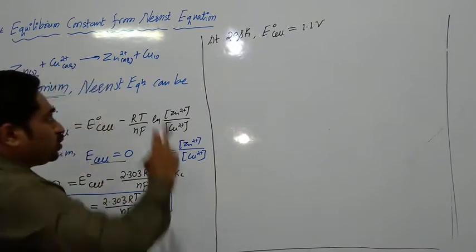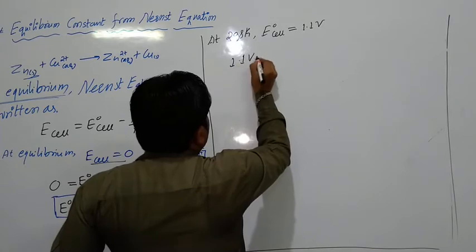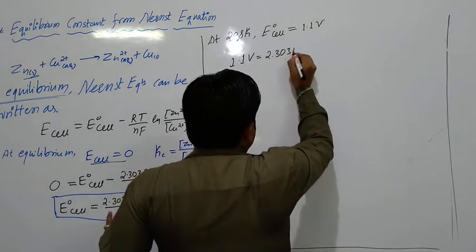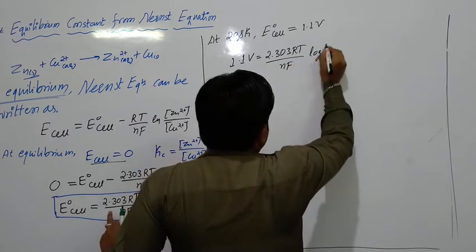E naught cell is equal to 1.1 volt. So now 1.1 volt is equal to 2.303 RT divided by nF log of Kc.